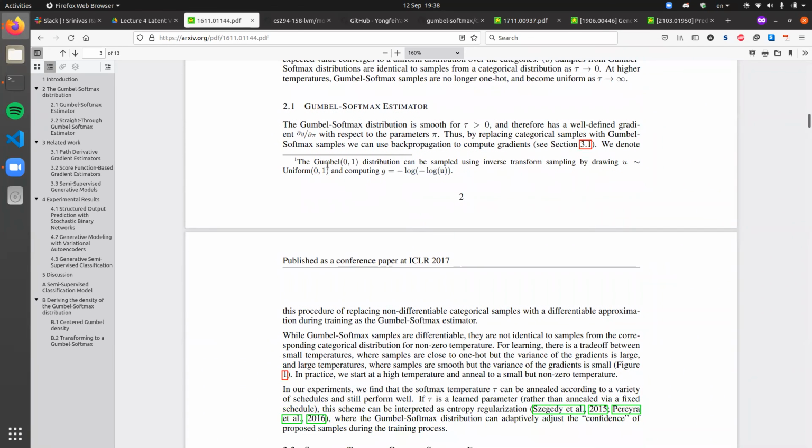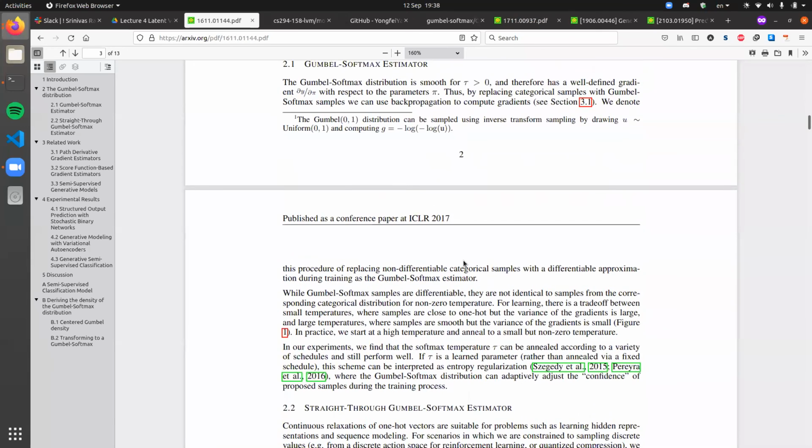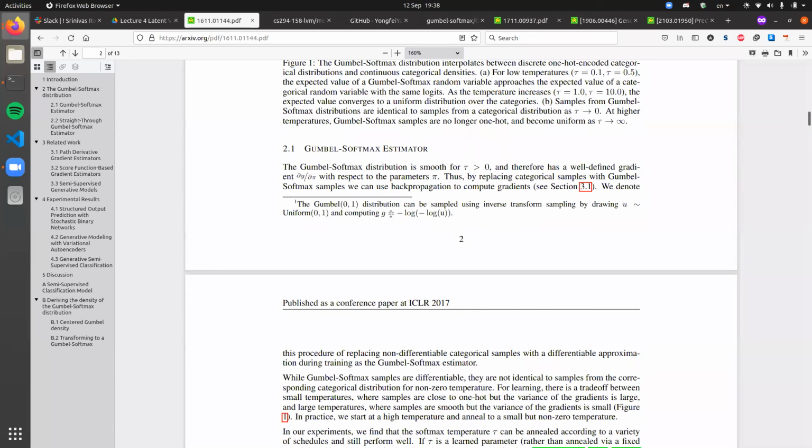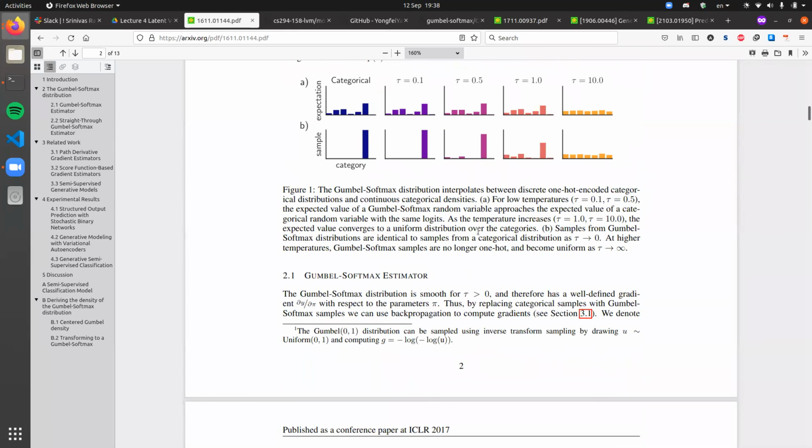So you can search for the original where the Gumbel noise was introduced, and why we use this particular value. But I don't think that's particularly important. Once we have that, we can just sample a random variable from a uniform distribution, convert it into this G value by taking the negative logarithm of it, and produce the samples as we did with the variational autoencoder while sampling from a standard normal distribution.